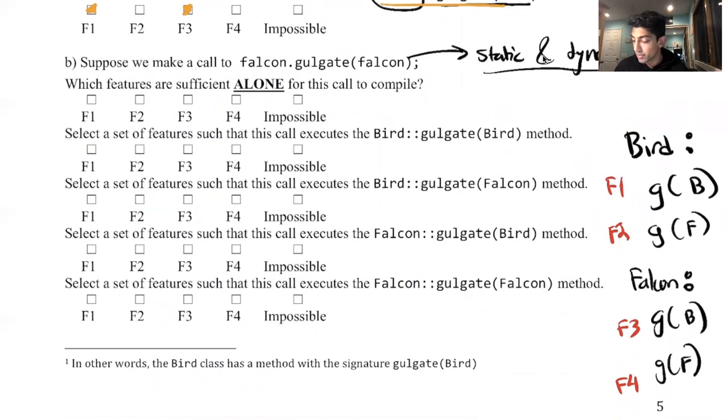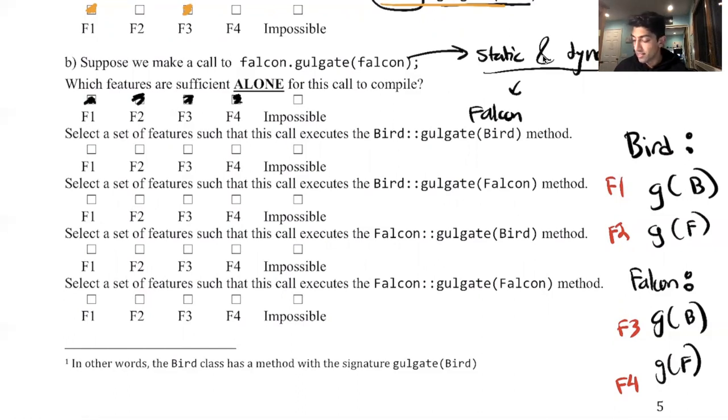Looking at falcon.gulgate falcon, we know that the static and dynamic types are both Falcon. So which feature f1 through f4, if it existed, will allow this function call to compile? The quick answer is that all of them work, but I'll quickly explain why this is the case.